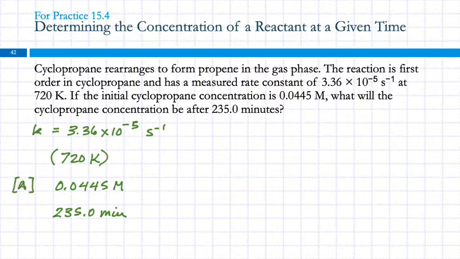So concentration of A, but at what time? Yeah, so this is the concentration at time 0. This is the initial concentration, right? And 235 minutes is time, so we're going to call that t.